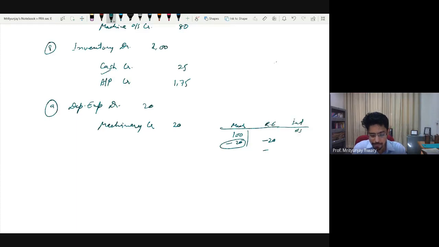Now this one may seem to contradict some information I told you in earlier classes, that if nothing is mentioned, then assume the payment has been made in cash. Did I tell you that some classes ago? That one is different from this. For example, if somebody says machine is purchased versus machine is purchased in cash, these two pieces of information are one and the same.